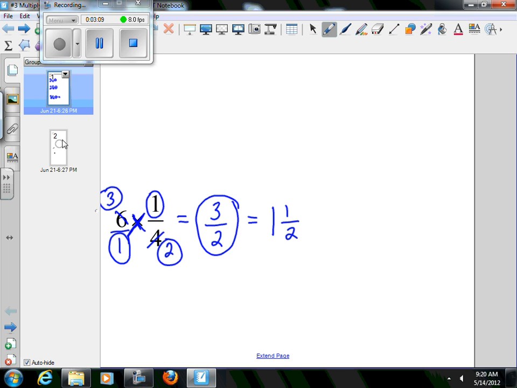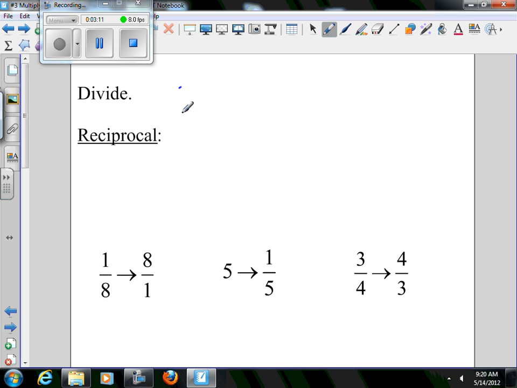Let's continue. We're going to talk about dividing. Now, the first thing we need to do is learn about what a reciprocal is. And a reciprocal basically occurs when you turn a fraction upside down.